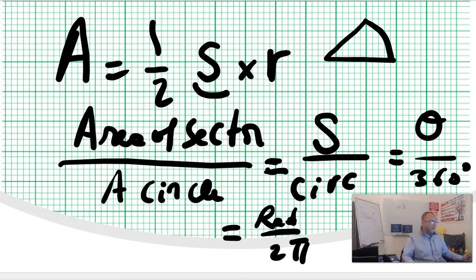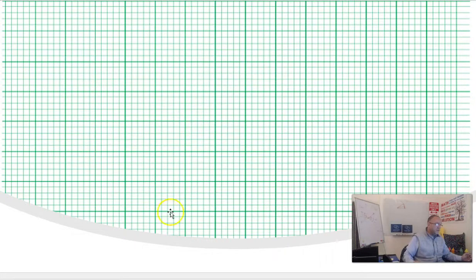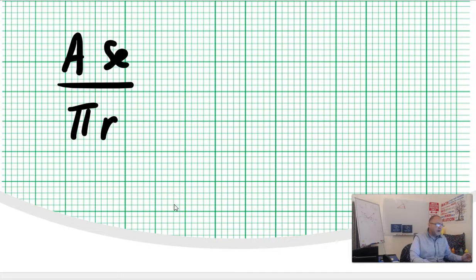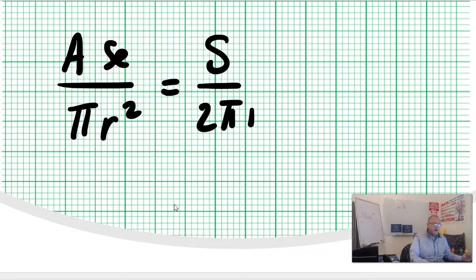Very simple. So now, which one can I use here? I can use the area of a sector, that's what I need, divided by the area of the circle, pi r squared, equals S divided by the circumference, 2 pi r.